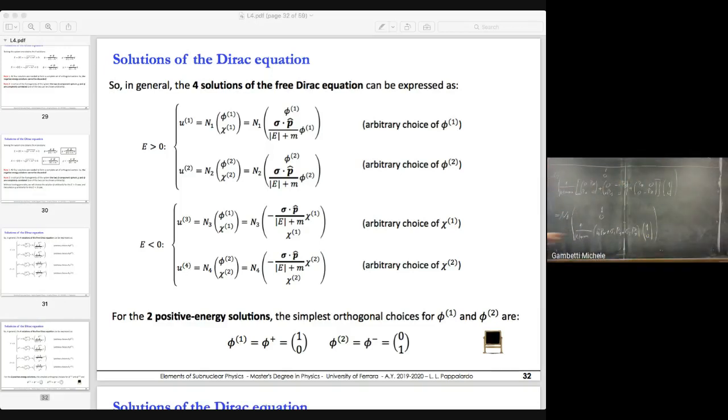So we just made explicit the form of the Pauli matrices and multiplied with the Px, Py, Pz, the non-zero elements.